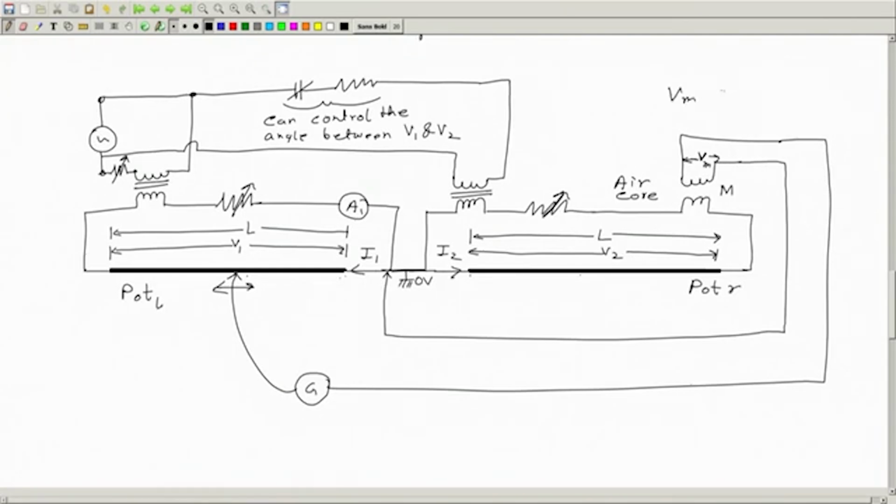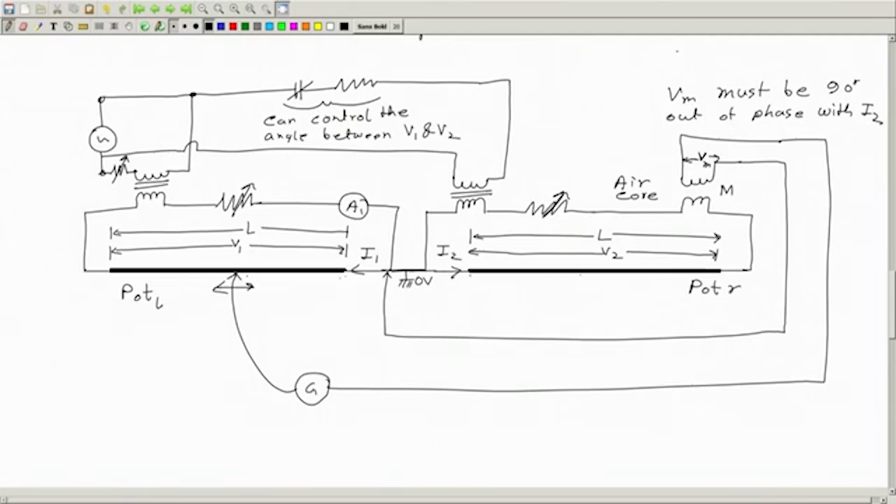Vm must be 90 degrees out of phase with I2. Why?